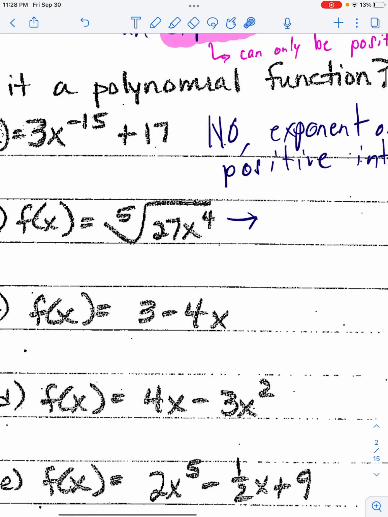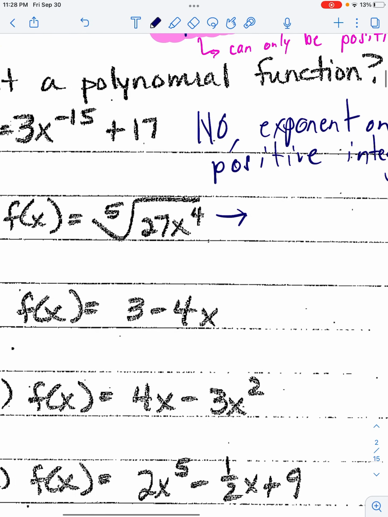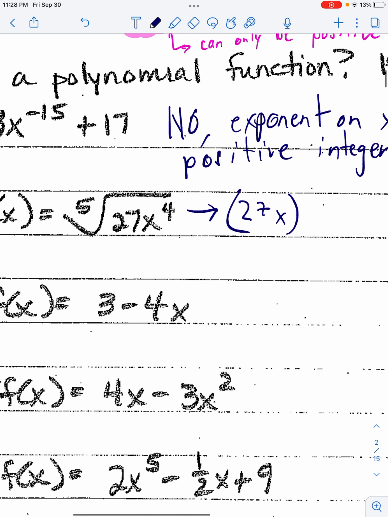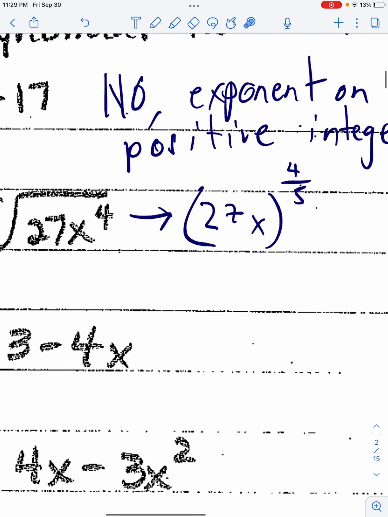When you see this, you can rewrite this as 27x to the 4 in parentheses, over 5. The number inside becomes the numerator, and the little number right outside the radical symbol becomes the denominator, okay? So we can rewrite these as fractional exponents.